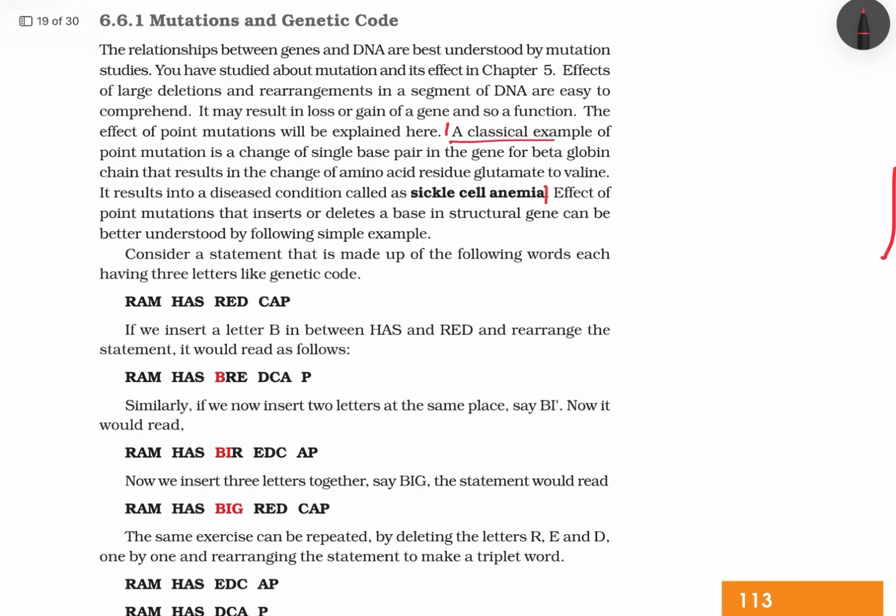A classical example of point mutation is a change in a single base pair in the gene for the beta globin chain, resulting in the change of amino acid residue glutamate to valine. If you see, GAG is glutamic acid. So the DNA sequence which is coding for this is CTC on the template strand, and this is on the coding strand.